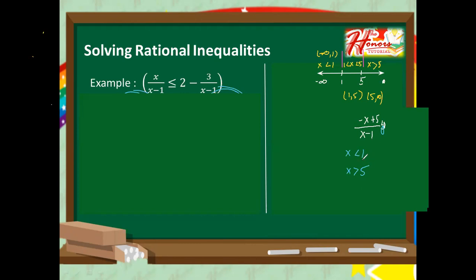We cannot use 1 because it will make our denominator 0. So x is less than 1 will remain as x is less than 1.